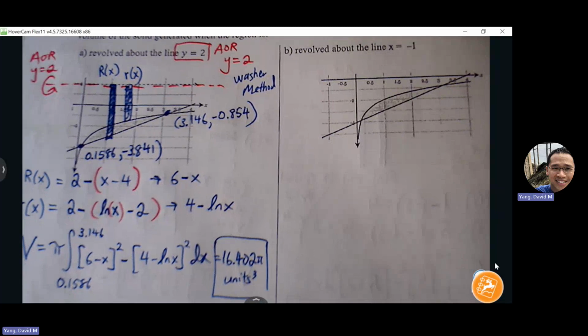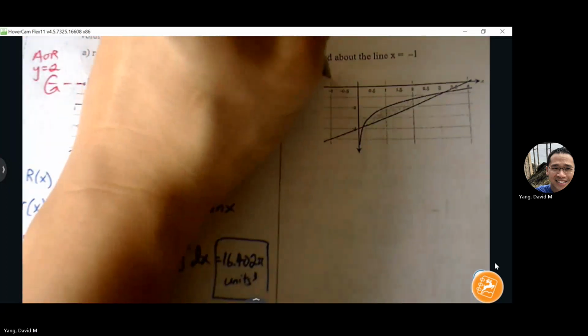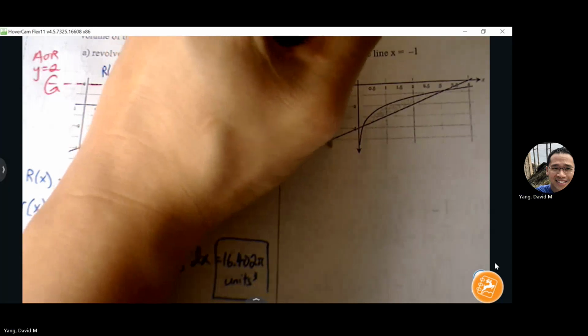Okay, part B. What's different about part B? Vertical axis.